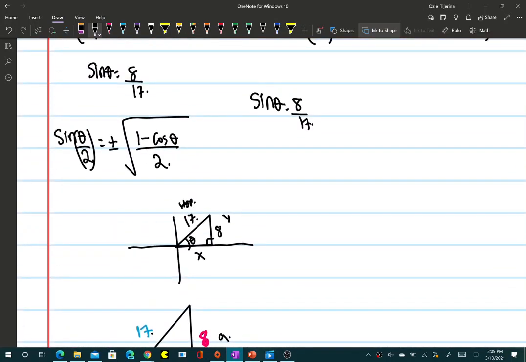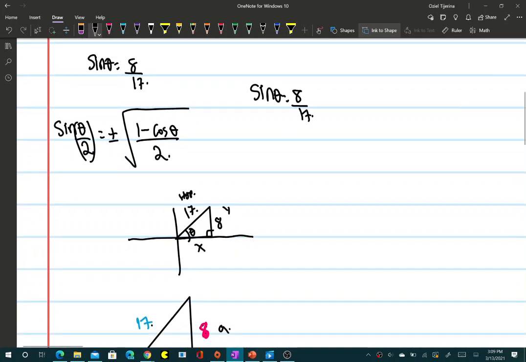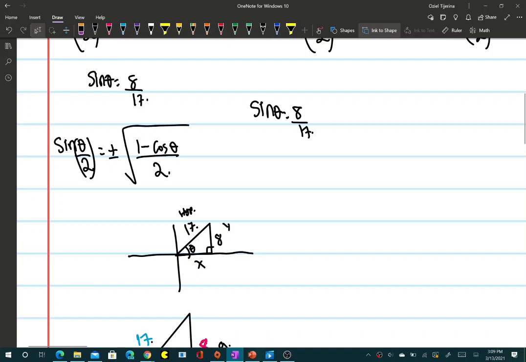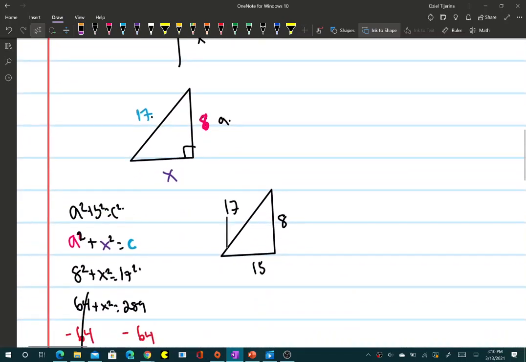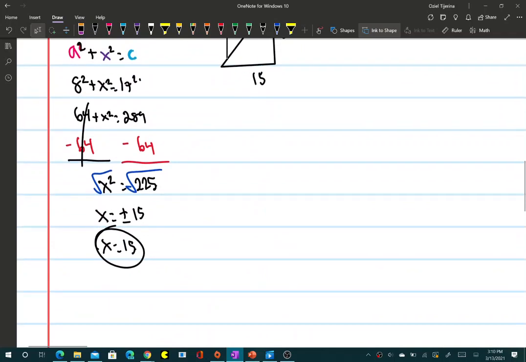Now, to do sine of theta over 2, and when I say that, I mean sine of the quantity theta divided by 2, so the half angle, the way to do that is we have to take the square root.